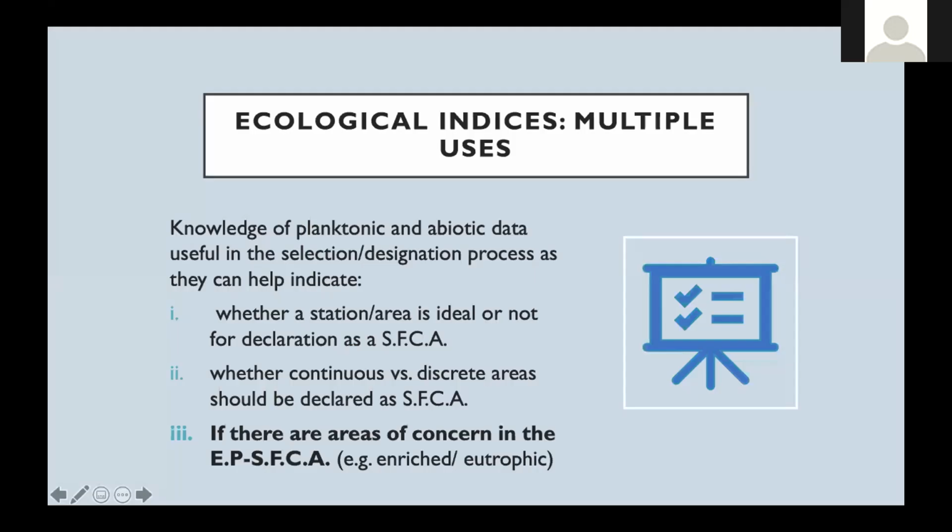So a part of my overall research included using these indices to select the ideal area in East Portland for our fish sanctuary, whether it was a continuous area or a discrete area, as well as to determine the trophic status. But these indices have much further uses than that. They can also, as I mentioned before, indicate areas of concern, which is the main focus of this presentation today.